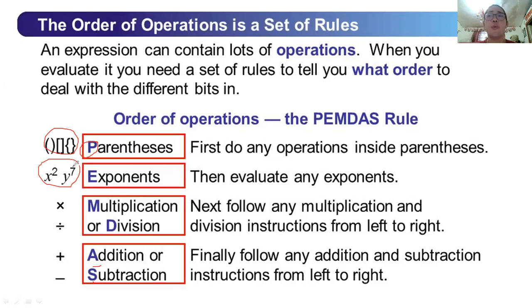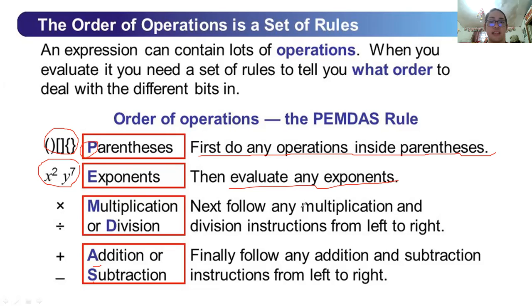So how do we use the PEMDAS rule? First, we do any operations inside the parentheses. You have to remove the parentheses, and in removing them, just solve it. Next, you evaluate any exponents after you remove the parentheses.